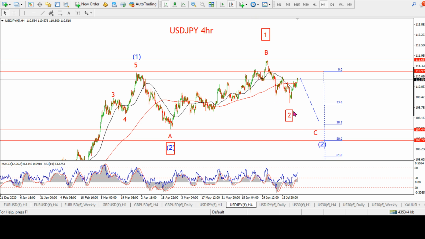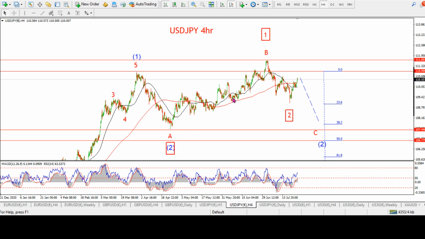We do have a 3-wave decline off the recent high. At the moment, the main working thesis is the idea that we've got an A, B, C expanded flat tracing out in wave 2, and the target for that is probably below 107, maybe close to 106 when complete. And you can see that that's not unreasonable at all.